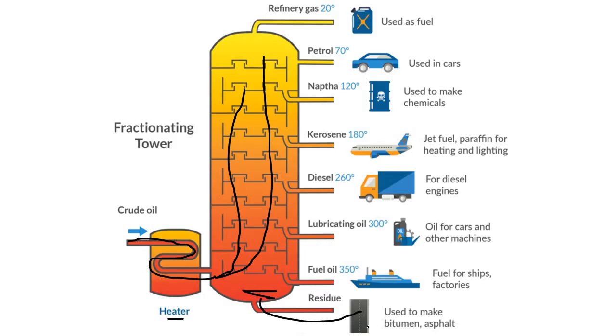They turn back to liquid first. It is the dense liquid left after distillation. It contains 21 to 40 carbon atoms and it is used to make roads. It is used in the construction of roads.